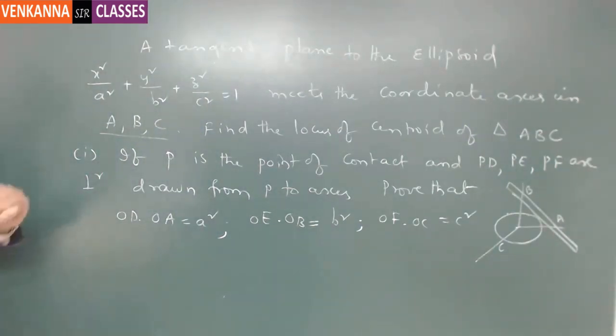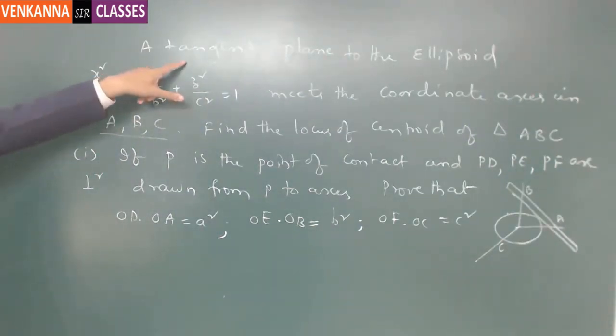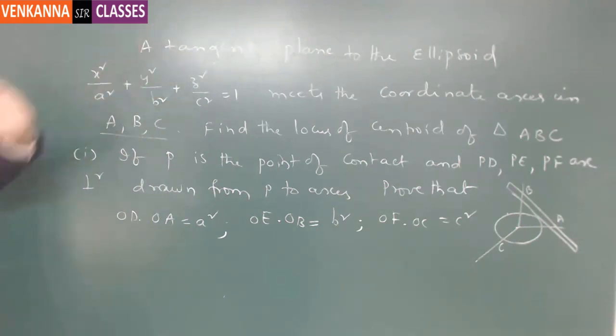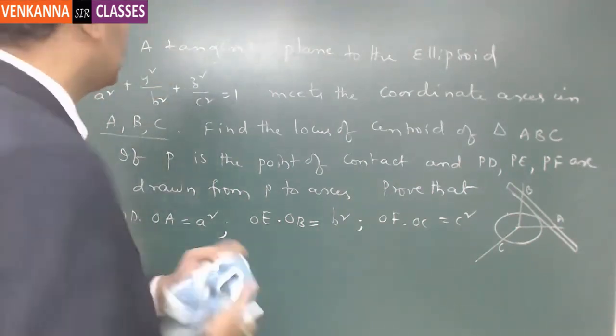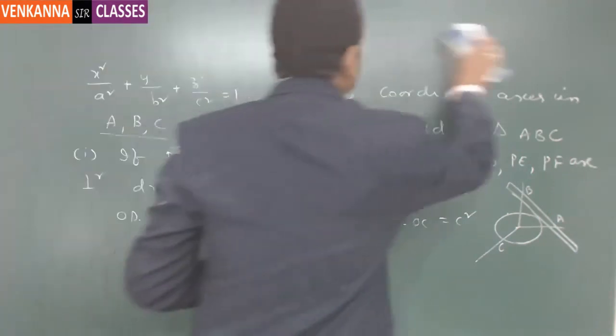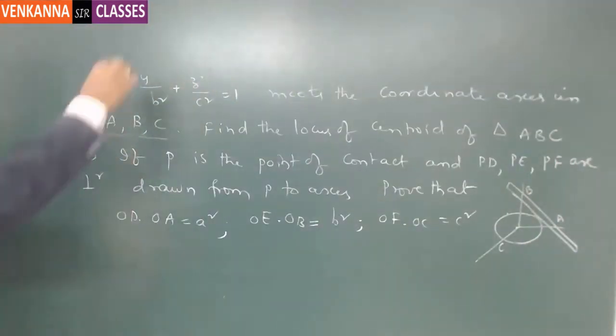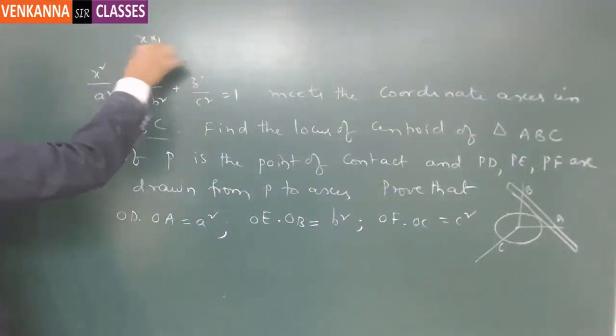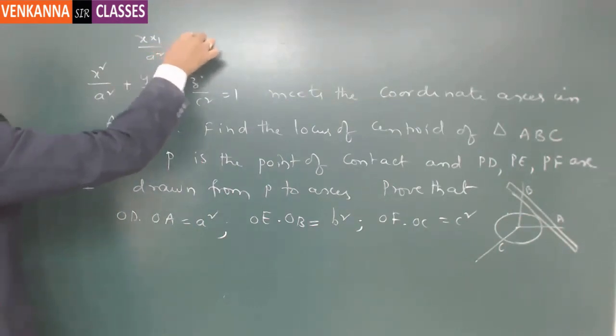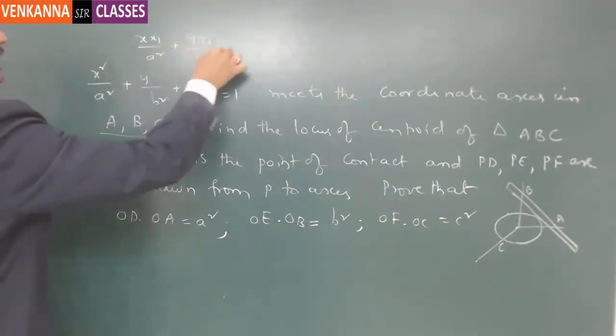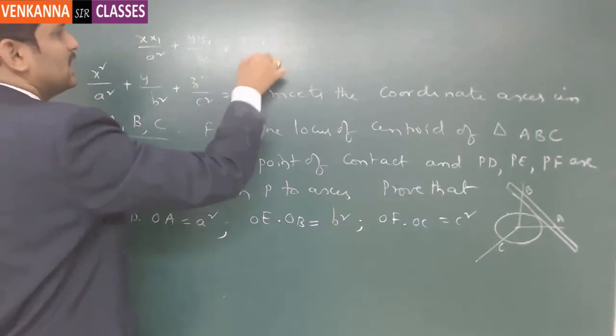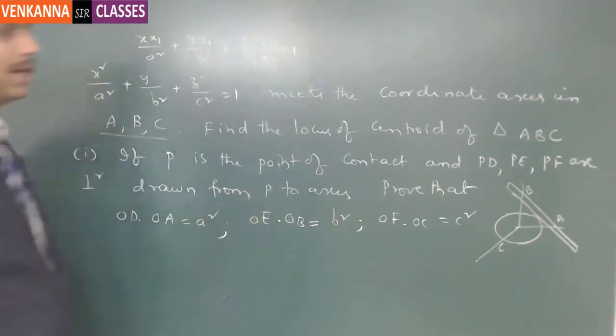Now in the first place, we write the tangent plane equation to the ellipsoid. Let us write it first. It is nothing but x x1 by a square plus y y1 by b square plus z z1 by c square is equal to 1.